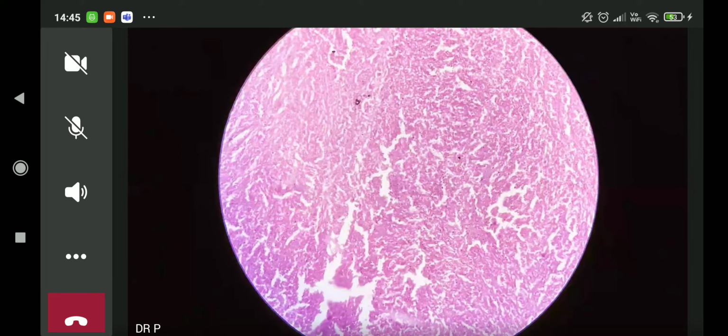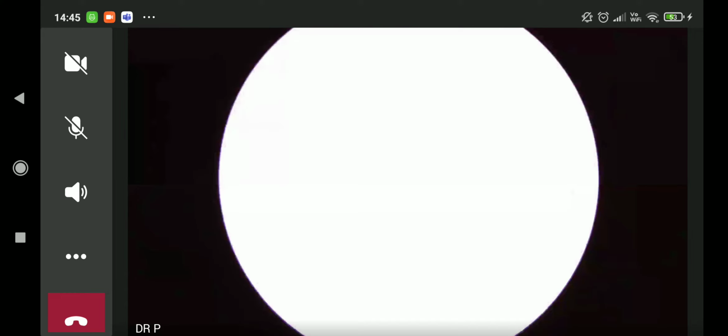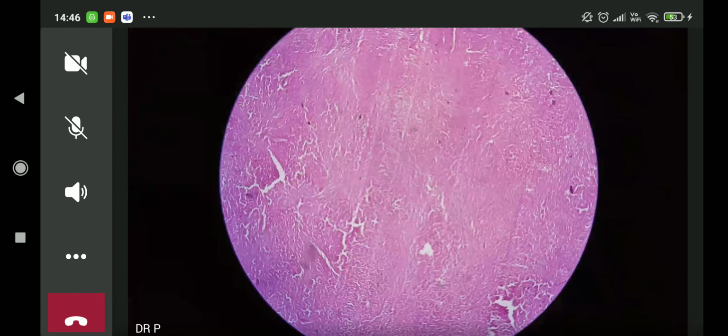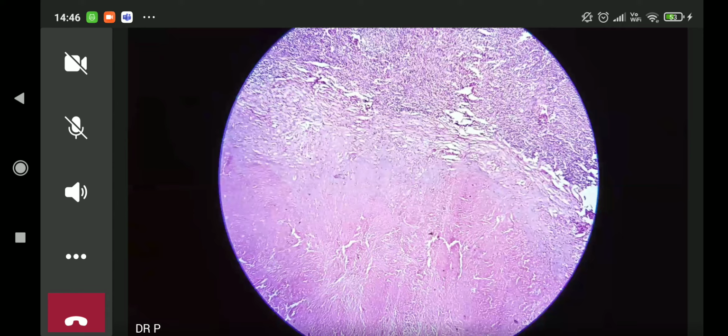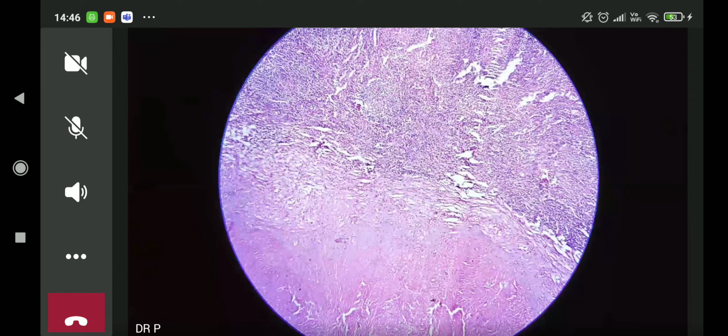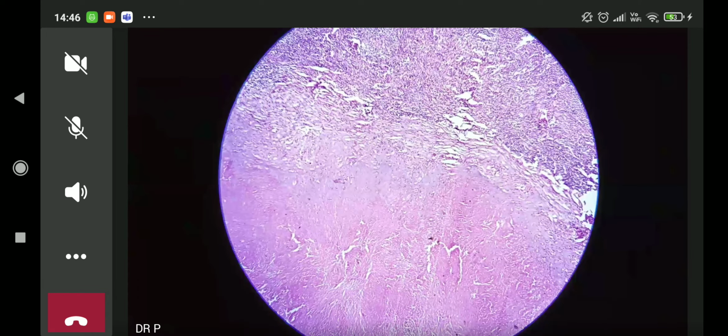Now, another thing that I want to draw your attention to is that if you see carefully, this is the boundary line between normal and abnormal. So in the lower half of the slide, we have necrosis, and in the upper half of the slide, we have the remnant lymphoid follicles.